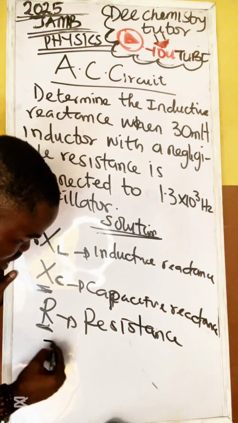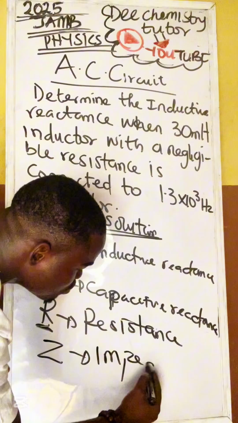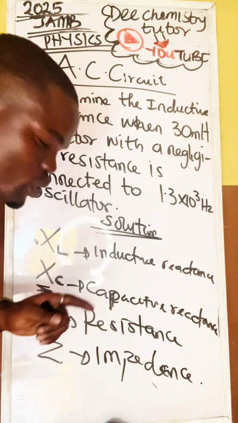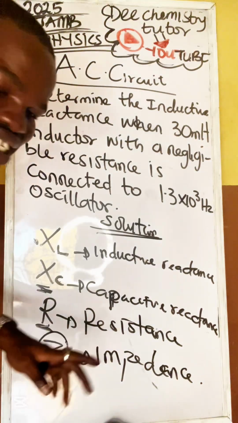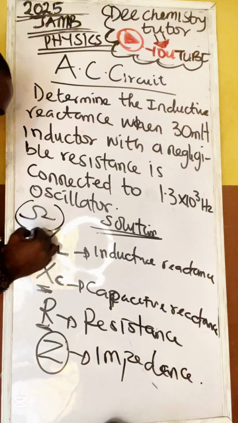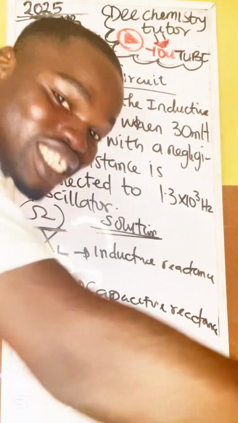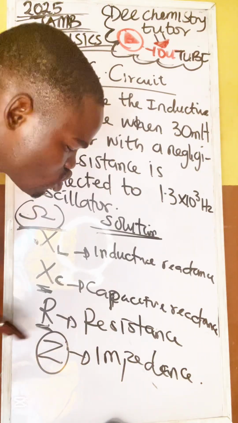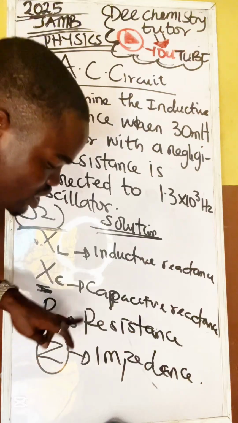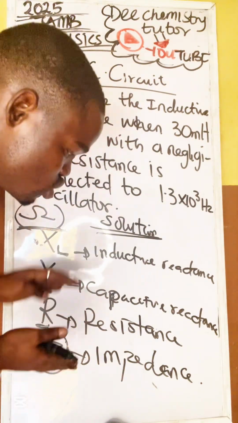While the last one, which is called impedance, is the overall opposition, denoted with Z. That means the unit of everything must be ohms, because they are all resistance. They are just offered by different devices. So the overall opposition offered by an inductor, a capacitor, or a resistor is called impedance, denoted with Z.